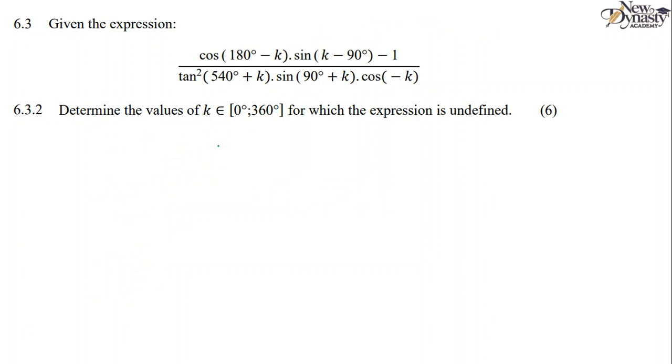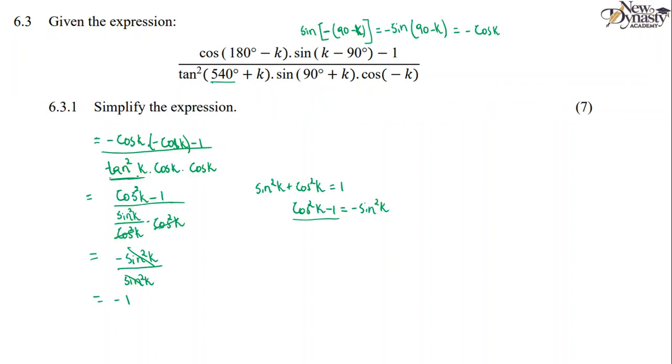So we have simplified this expression and we can use it to determine the values of k that will make this expression undefined. So you're going to go back and take the simplified version of the expression, which is tan squared k, and multiply by cos squared k, the one here.